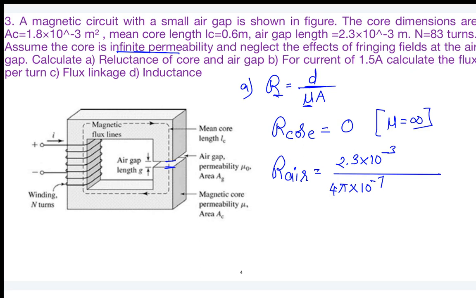You can assume that the area of the air gap is also the same as the area of the core, 1.8 into 10 to the minus 3. Yes, you can do that. Then you can calculate and post the answers.